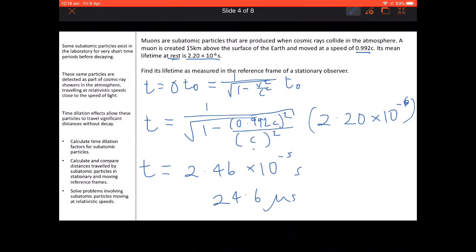So that's the lifetime as measured in the reference frame of a stationary observer. So 24.6 microseconds in the stationary observer's reference frame as compared with 2.2 microseconds in the moving reference frame.